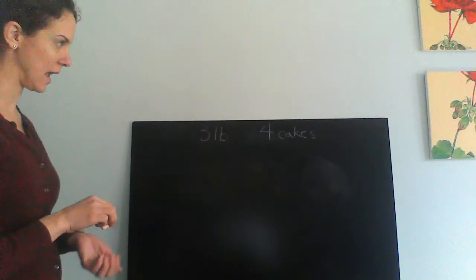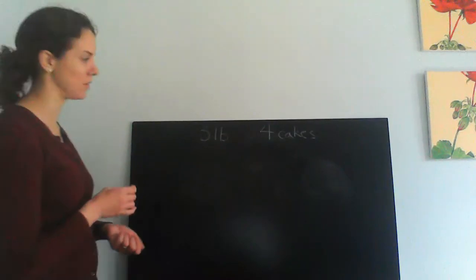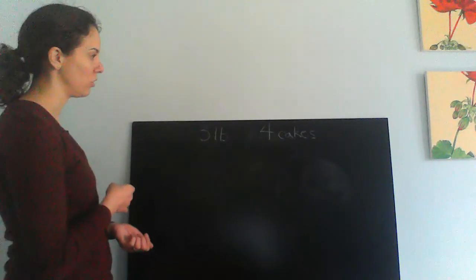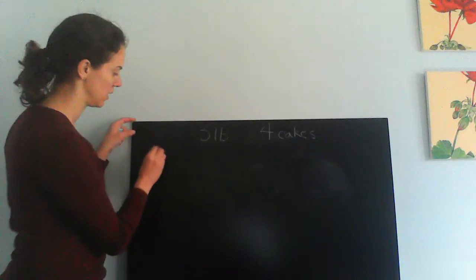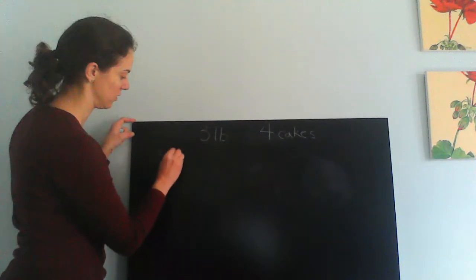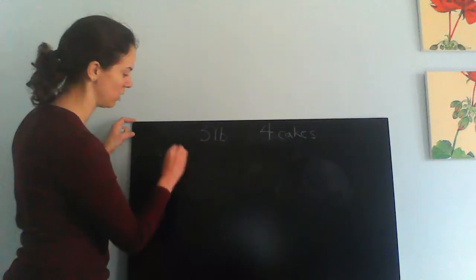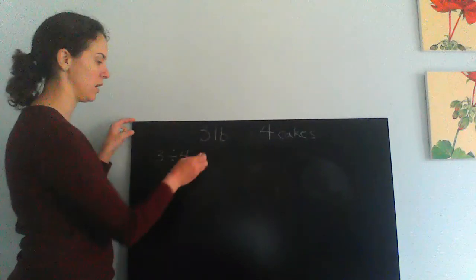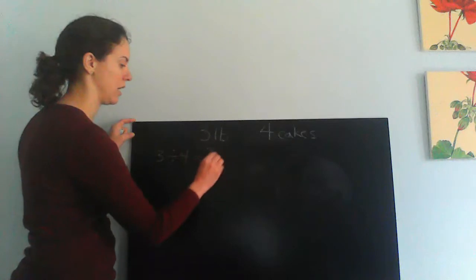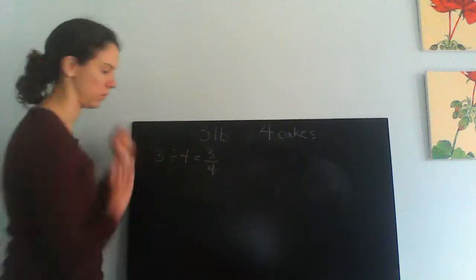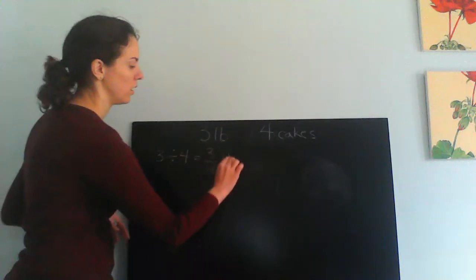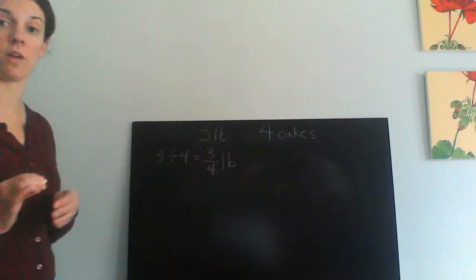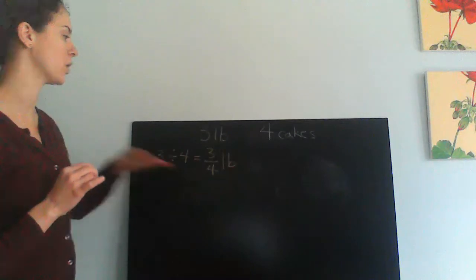We can write an equation to represent this answer. So if we want to divide 3 pounds of flour by 4, that is 3 divided by 4, which we know is 3/4. Okay? So there is our answer. You're going to use 3/4 of a pound of flour per cake.